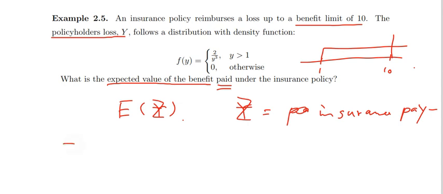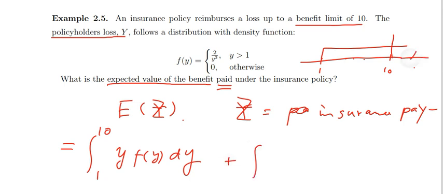So the loss Y is here, they will pay Y, so the average is the integral of y f(y) dy when Y is from 1 to 10. And above 10, from 10 to infinity, they will pay 10.